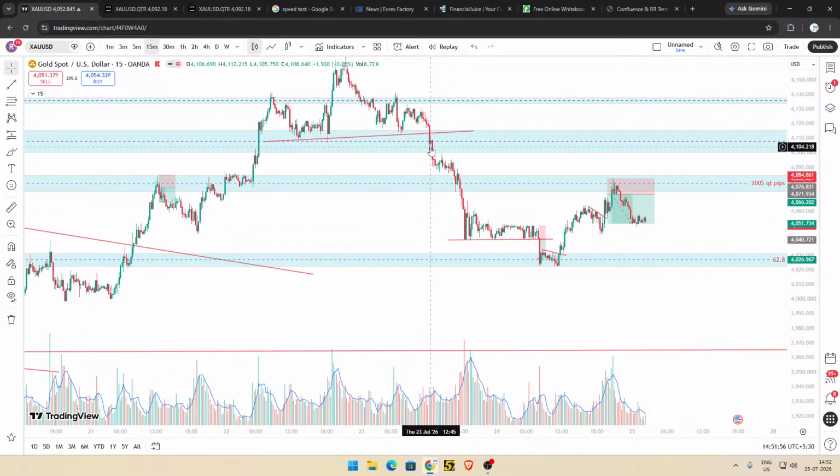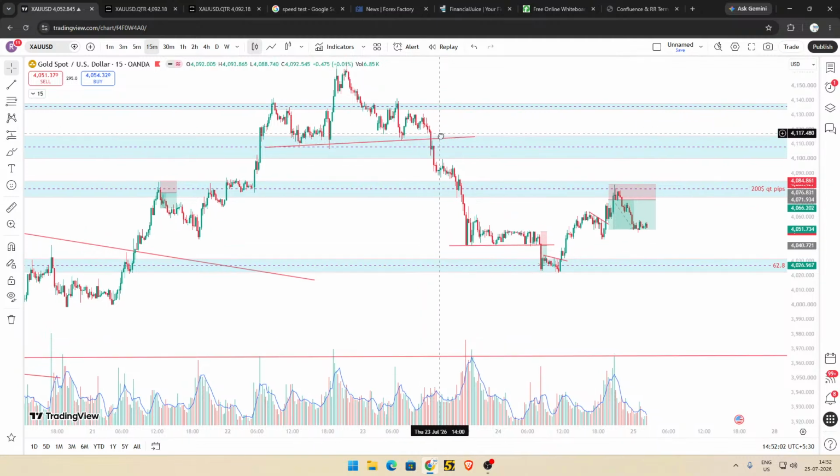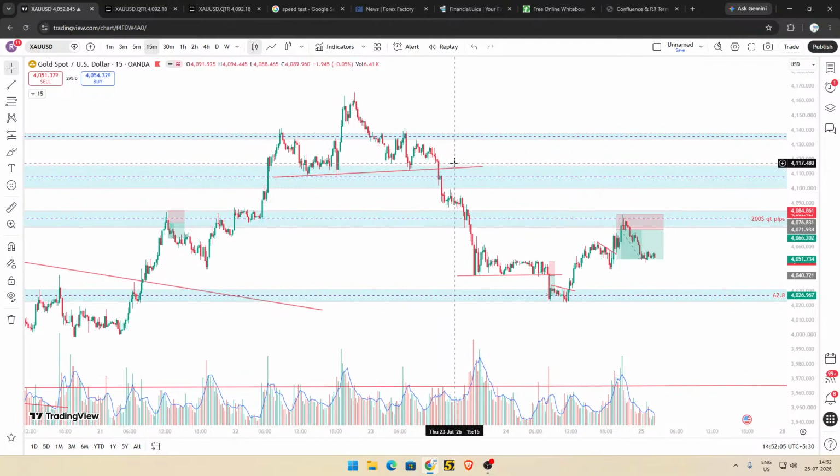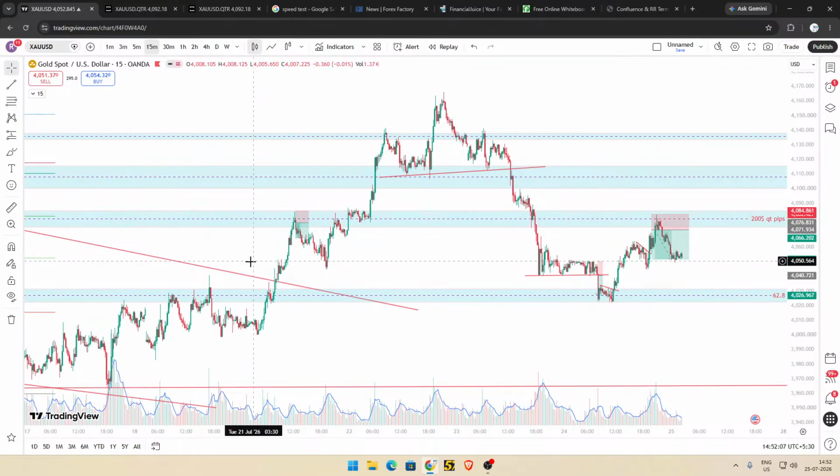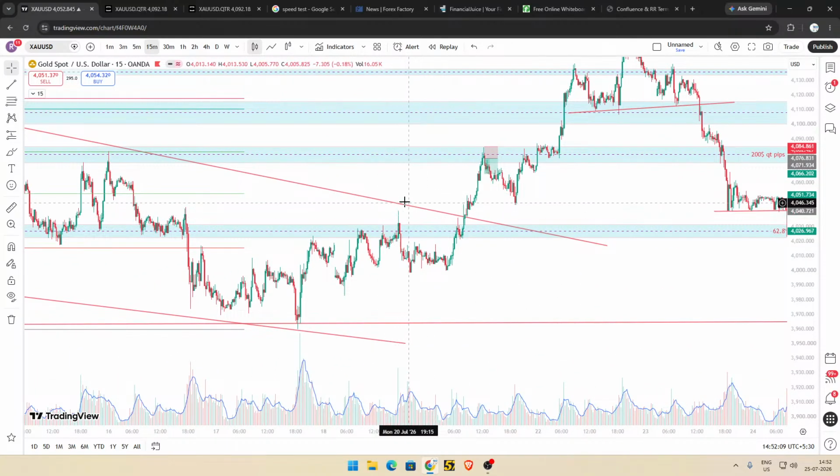If it is a good setup, it will work very nicely. Not only a good setup; one thing is, when the setup is matured. Like at this area, the setup didn't give a breakout because it was not mature.